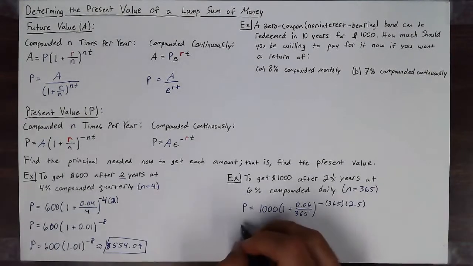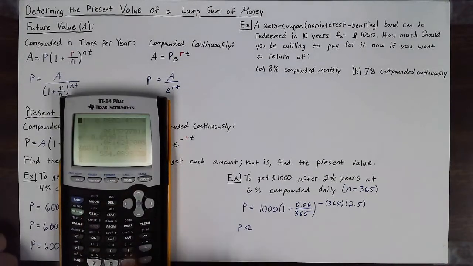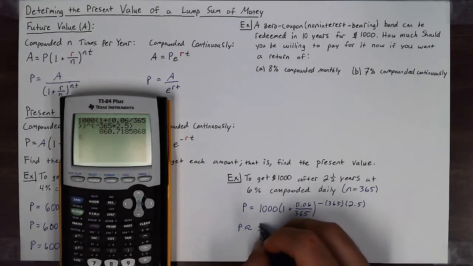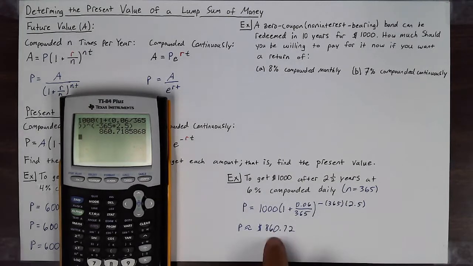And that present value to get there is going to be less than 1,000, but by how much? So 1,000 times 1 plus 0.06 divided by 365, raised to the negative 365 times 2.5 power, is $860.72. So I need to start there to end up at $1,000 after 2.5 years.